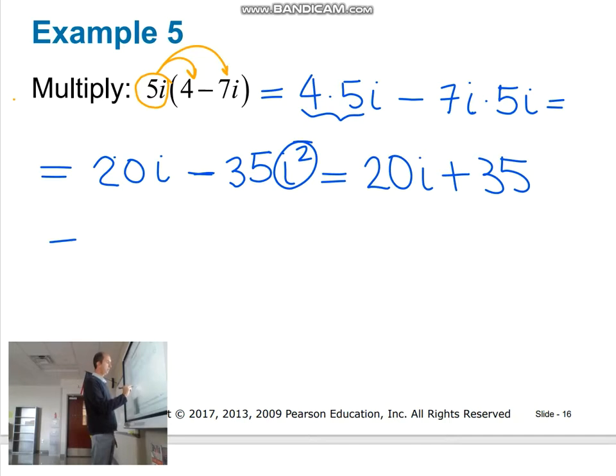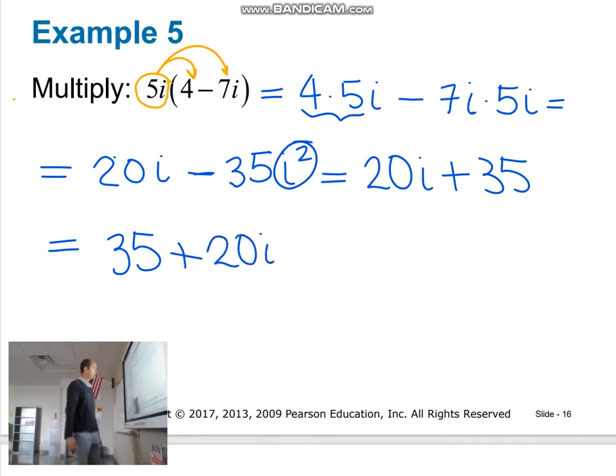And we usually write first the real part of the complex number, and after the imaginary part, like that. 35 plus 20i is the right answer. Okay, let me just highlight the answer.